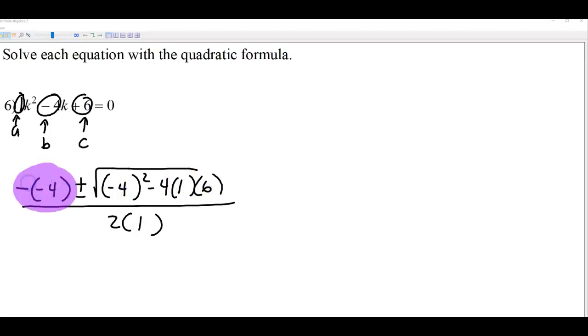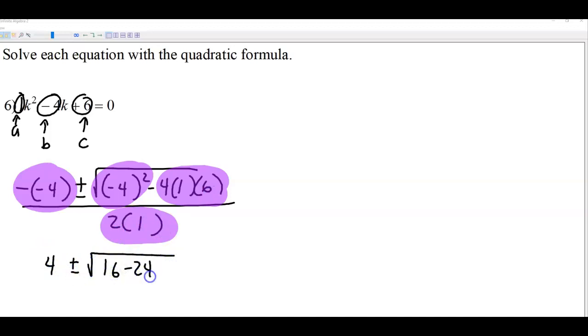Simplifying our 4 groups, 1, 2, 3, and 4, we will have 4 plus or minus the square root of 16 minus 24 over 2.